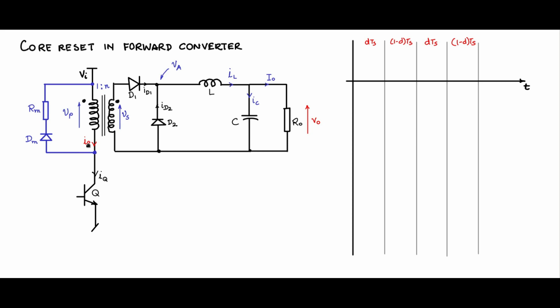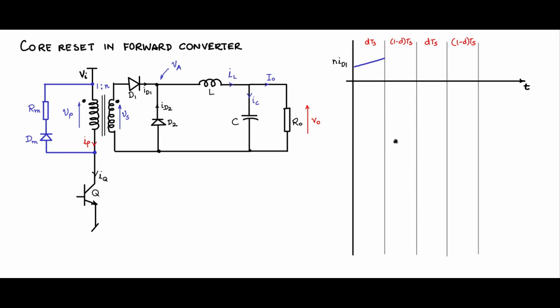So what is IP? IP is the reflected secondary current, and at the secondary, what is flowing when the transistor Q is on is ID1. So N times ID1 is what is supposed to be reflected onto the primary, the load reflected part. So let us take N ID1, which is ID1 into N, the load reflected part flowing through the primary.